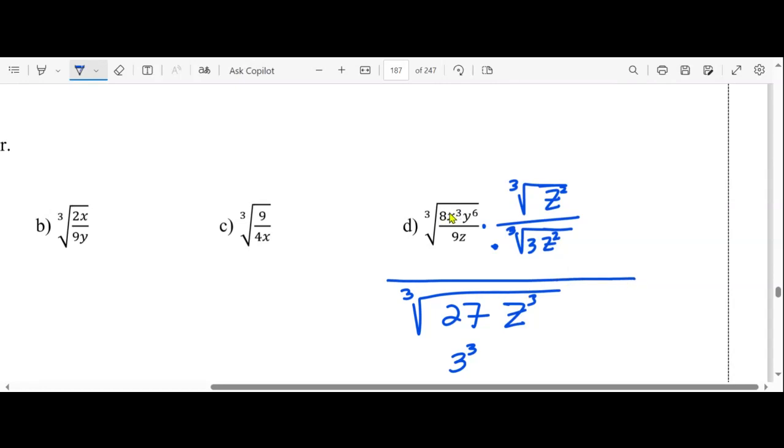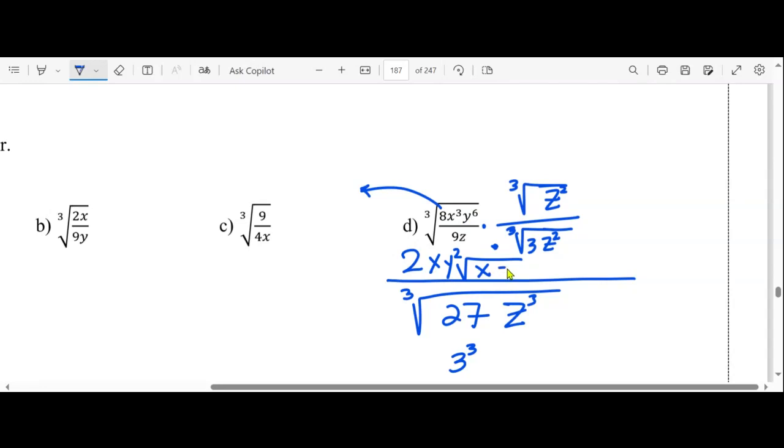You have to multiply this times inside here. Here, the 8 goes outside, becomes 2. x to the power of 3 goes outside, becomes x. And what's left inside? x. y to the power of 6 goes outside, becomes y squared.